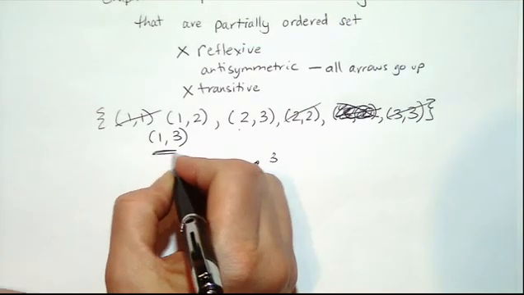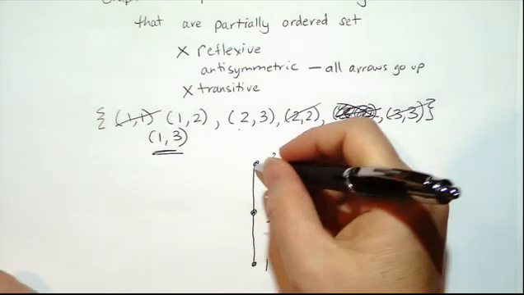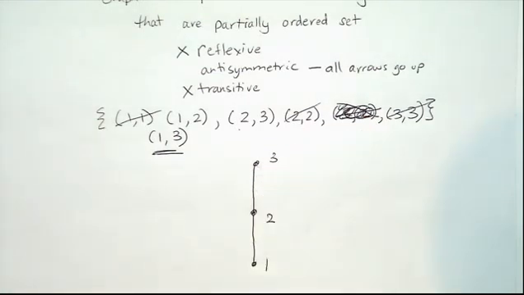We didn't need the 1 to 3 edge because that was a transitive edge. What I mean by that is there is a 1 to 2 and a 2 to 3. 1 to 3 is implied because I can go from 1 to 2 and 2 to 3. And since we know that the relation is transitive, we know we can go from 1 to 3 without drawing it. So this is the Hasse diagram for this relation.